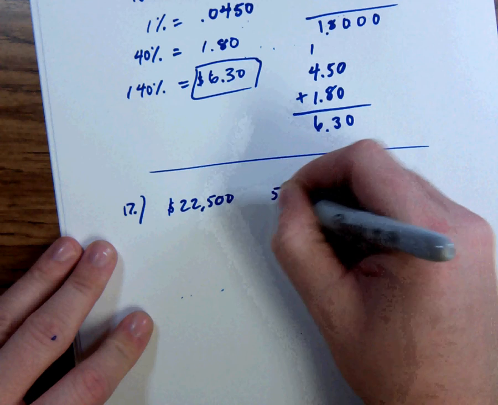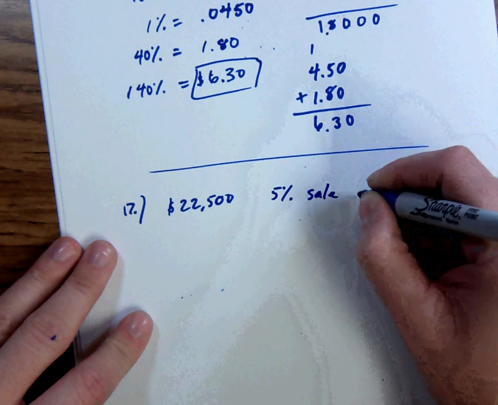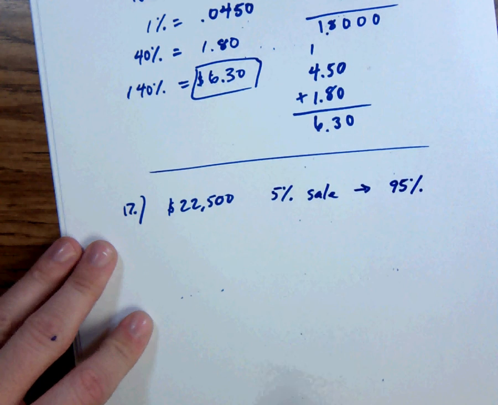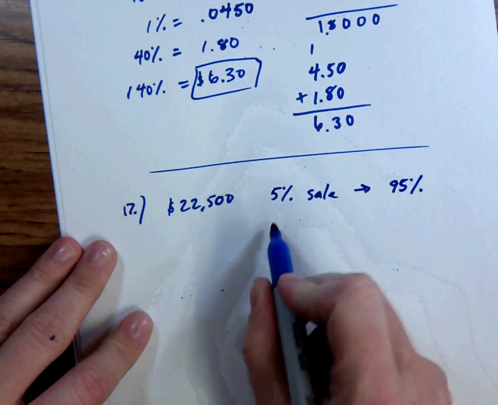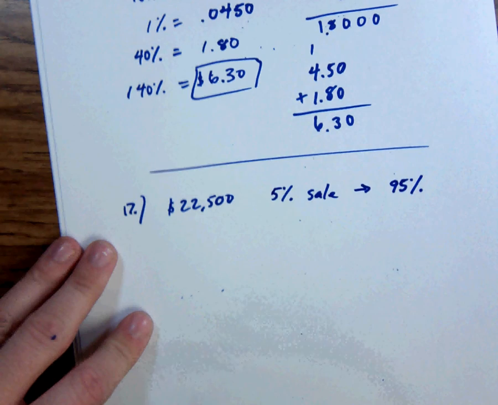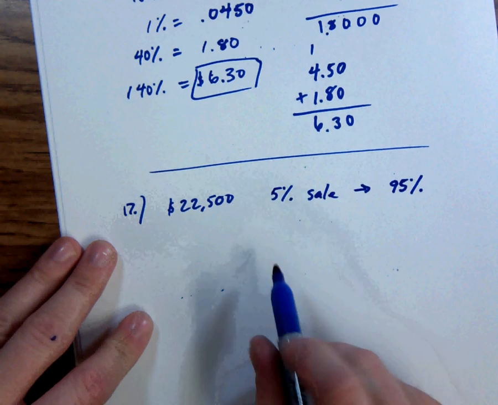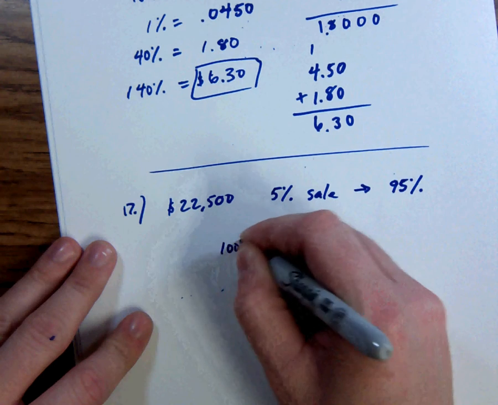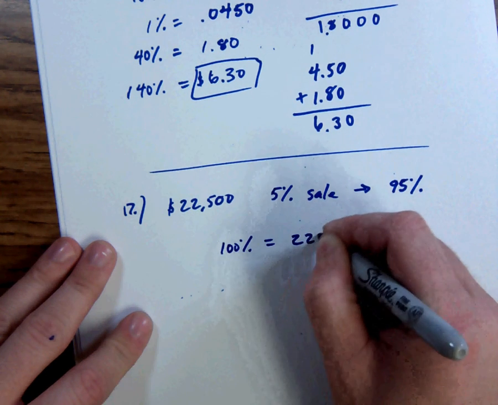So there's a 5% sale, but that means the price of the car is 95% of its original value. Think negative 5% because of the sale, so 100 minus 5 would be 95. So we're going to sell for 95%. So the original 100% is 22,500.